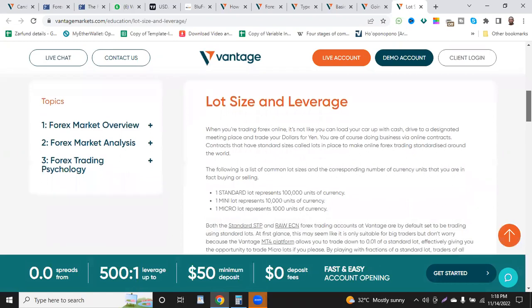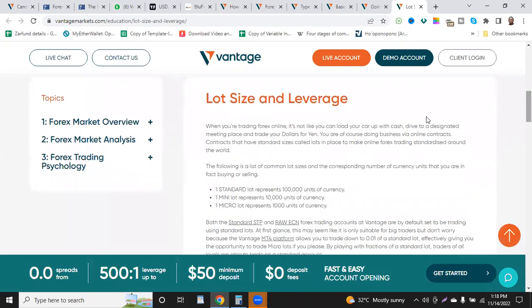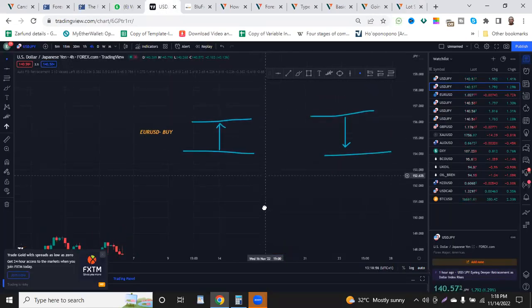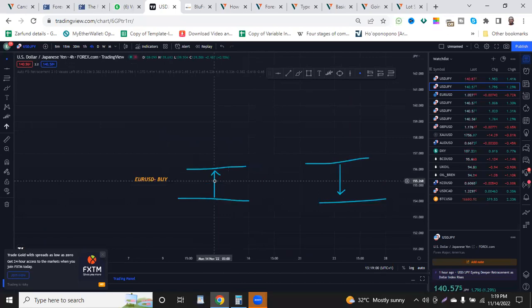All right. So now we'll talk a little bit about lot sizes and leverage. I'll be explaining some things here so that we can understand it better. I'll write some things on the screen so that you understand it better.